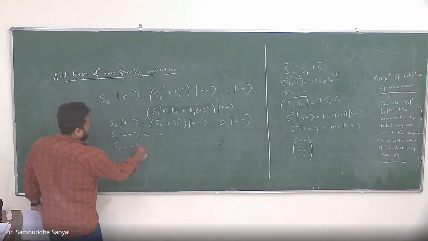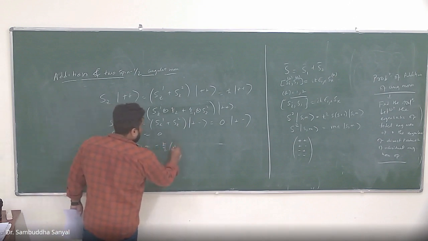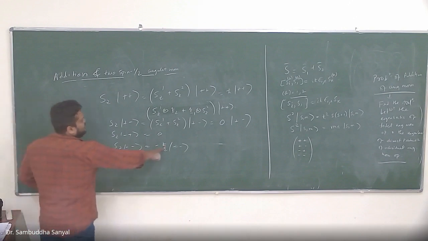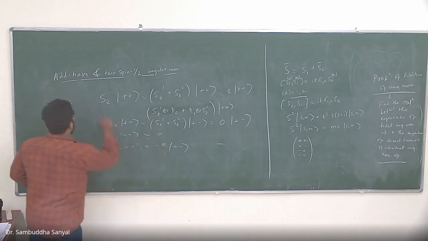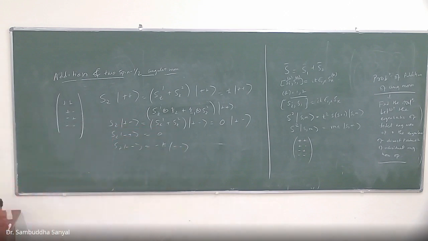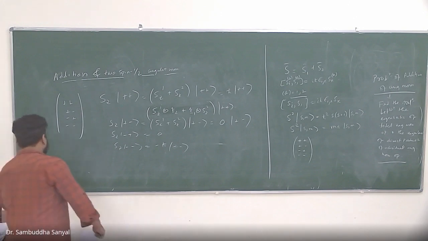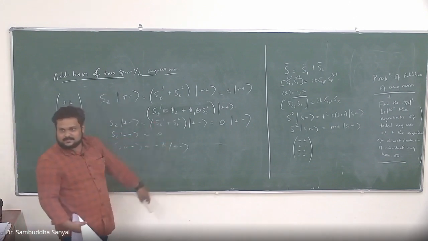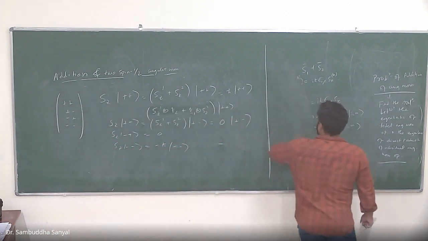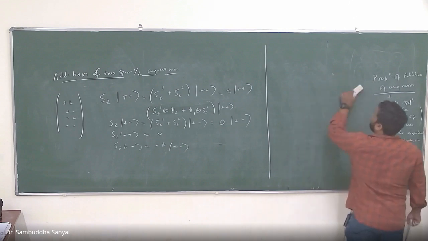Sz on minus minus will give you minus h bar. Right? So that means this basis is also an eigenbasis of the Sz operator. Right? So this much we got. Now what about the square operator? Everybody got this, right? You should be able to do these calculations eventually in your head. That's the goal. And for that you have to practice.